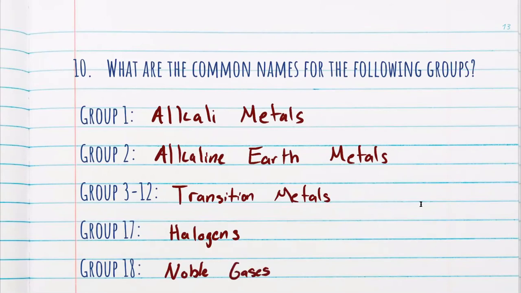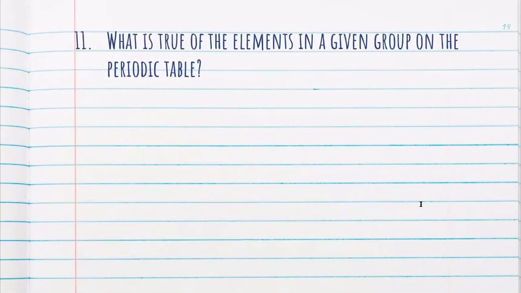Why do these groups have special names? Well, this takes us to our next question. What is true about all of the elements in a given group of the periodic table? Well, all of the elements in a specific group, in the same column, have the same general appearance. So they all look similar.